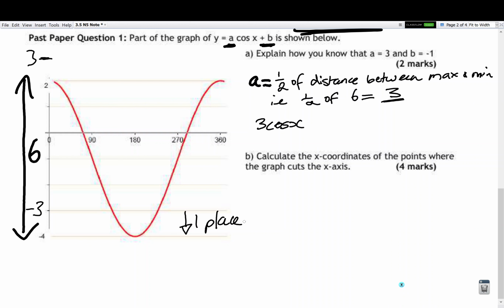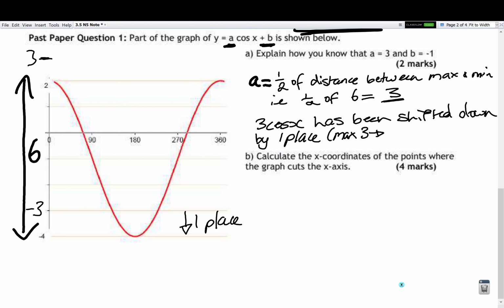So 3 cosine of x has been shifted down by one place. Max has gone from 3 to 2, so therefore b equals -1. Okay, so just a wee bit of revision, understanding of trig graphs.